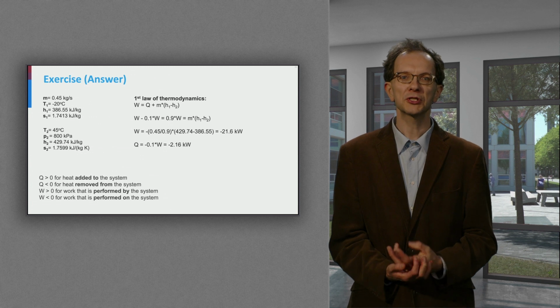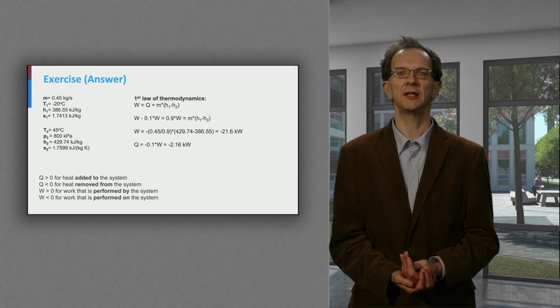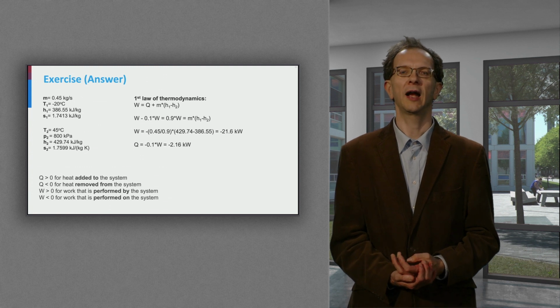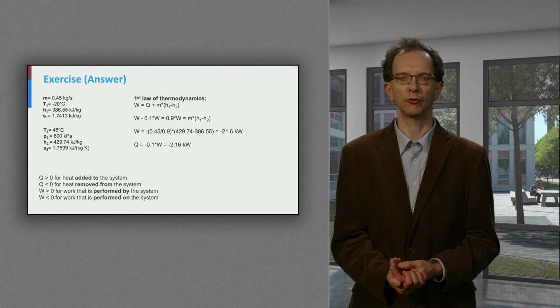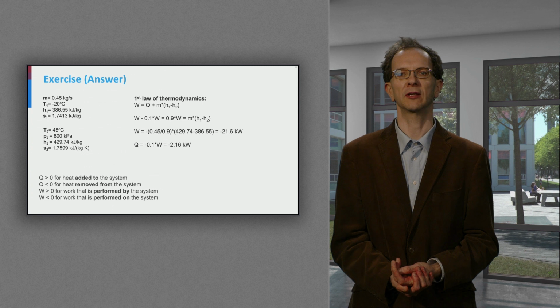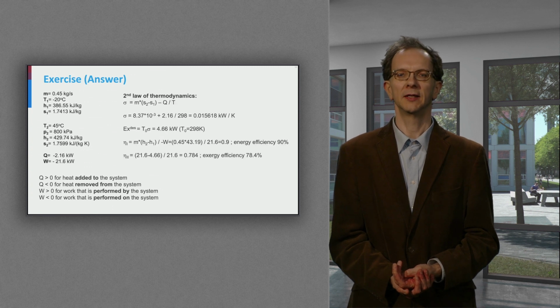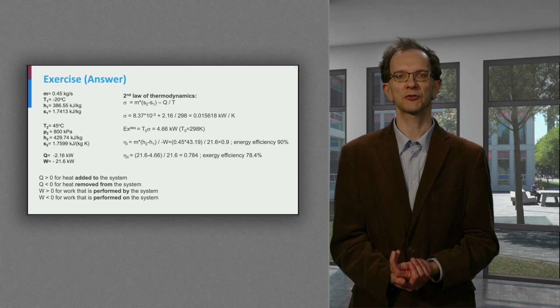As we know that 10% of the work is lost as heat, we can fill in all the values and we obtain the work of the compressor W, and this work is negative because we perform work on the working fluid. And the heat Q is also negative because heat is leaving the system. The second law follows from the second law of thermodynamics for an open system in a stationary state.